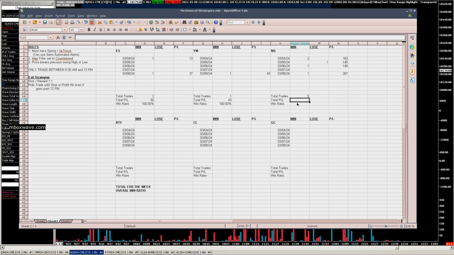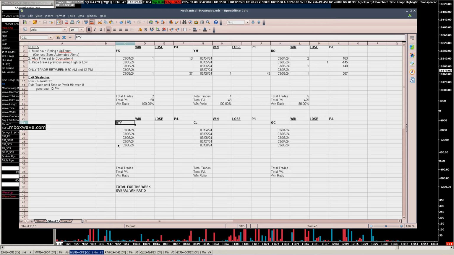So we won 4 out of 5. So we had an 80% win ratio here. And the total profit loss would equal the sum of this, 425. All right, so even though we had a loss, we did pretty good with the Nasdaq.